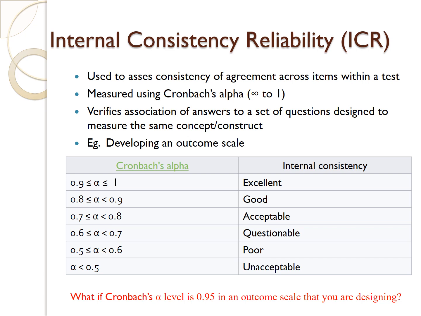Let's say you're developing an outcome scale here, okay? Say it has 10 questions, and the patient has to rank those questions from 1 to 5, 1 being the mildest and 5 being the worst.